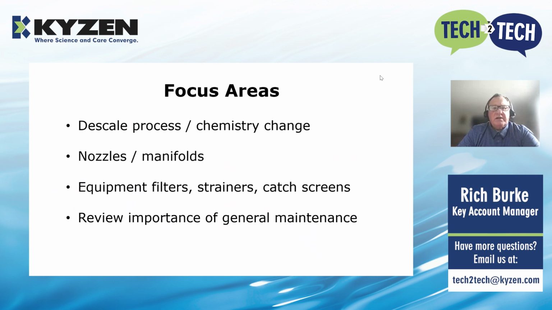First, we'll touch upon descaling a system, or a process that would be utilized between running chemistry A to chemistry B. We'll talk about nozzles and manifolds, and we'll look at filters and strainers and catch screens, and how we inspect these, why we inspect these, and where they're located within our systems. And then lastly, we'll touch upon the importance of general maintenance, and more particularly how and why the cleaning component to that is an important part of general maintenance within our systems.